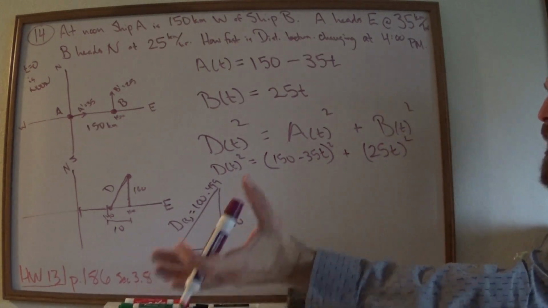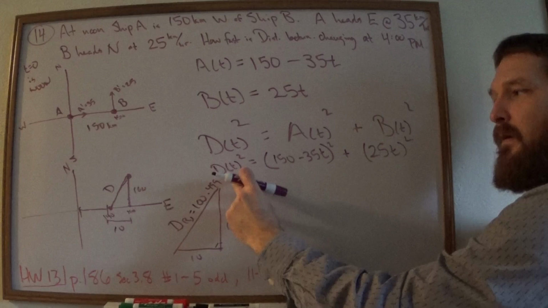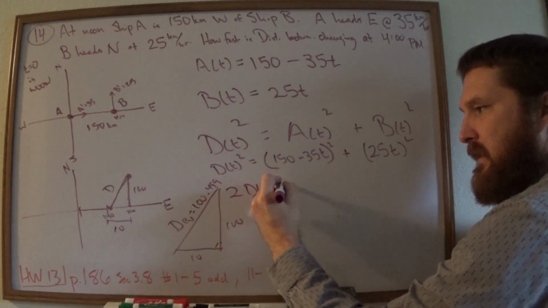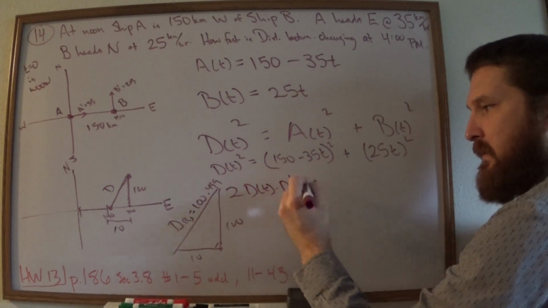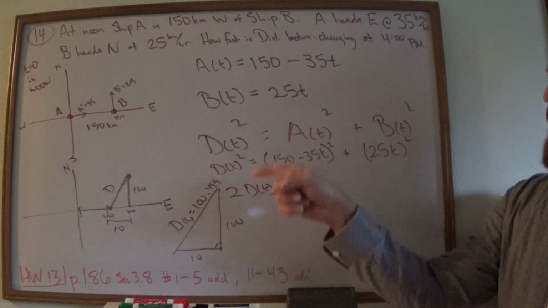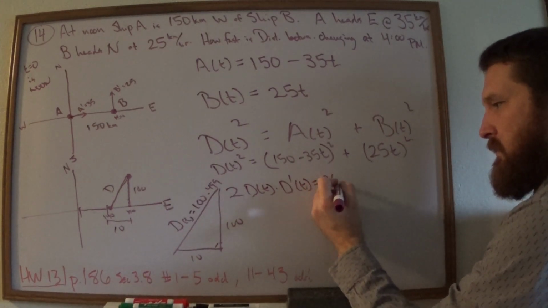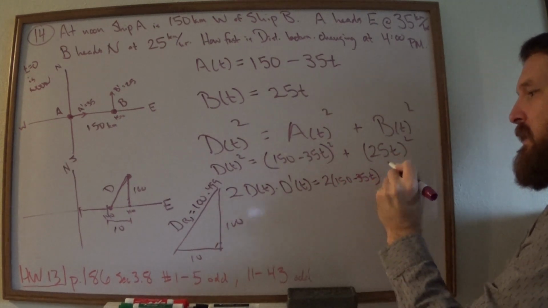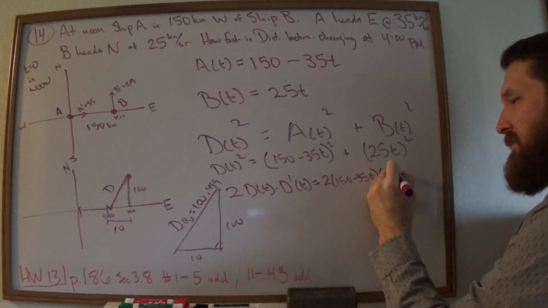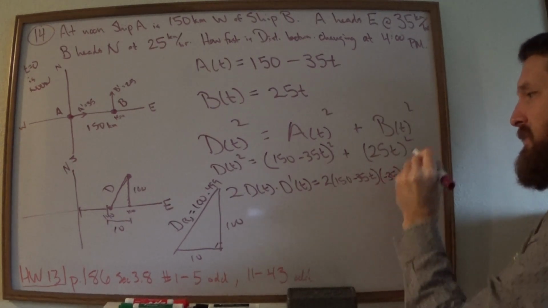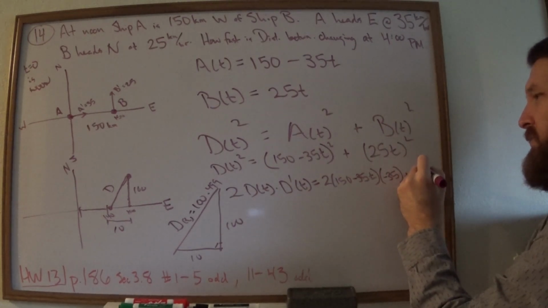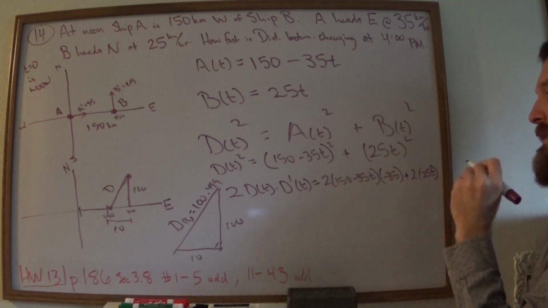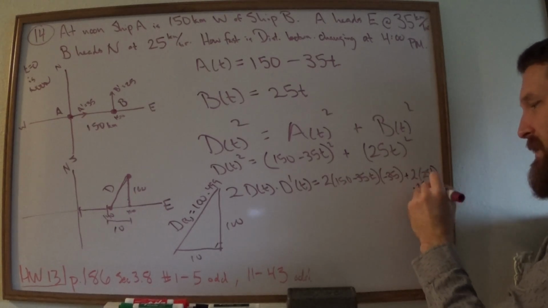Take the derivative all the way through. Chain rule, 2D times D prime of t equals, now 2 drops down, 150 minus 35t times negative 35, plus 2 times 25t times 25, which, like you said, yeah, works out to 50t.